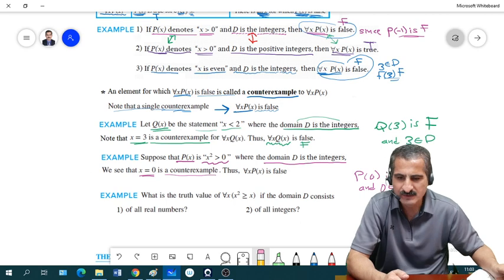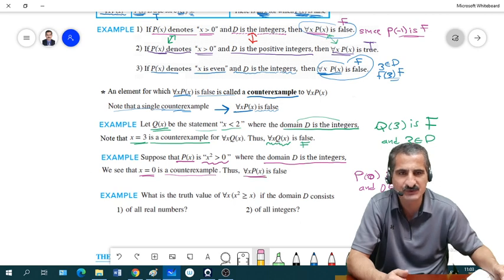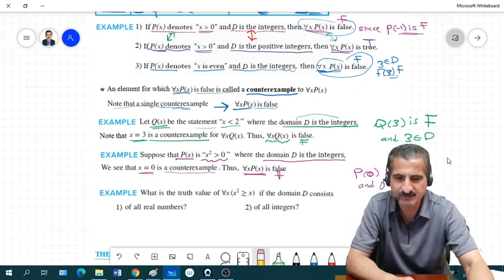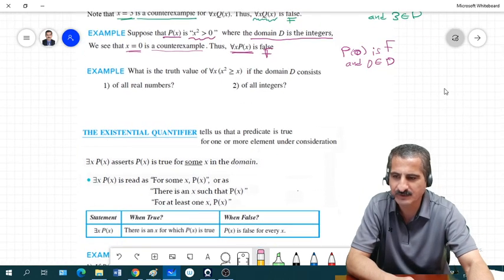So since p is false at 0, then for all x, p of x is not a true statement. It is false. And 0 is a counterexample for that quantifier, for every x, p of x. Okay.